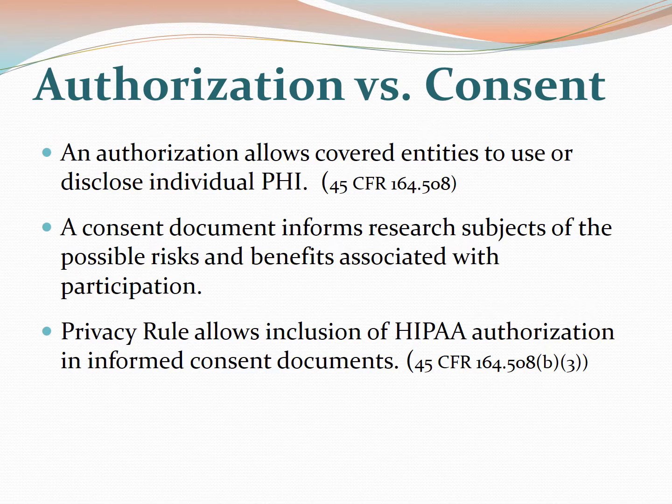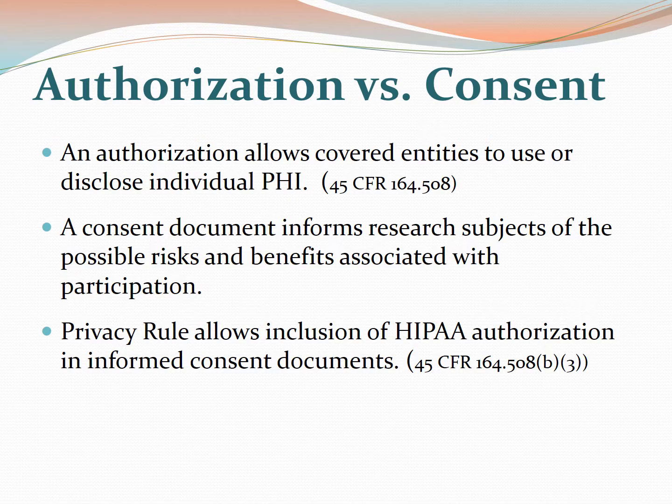Now, the privacy rule allows the inclusion of that HIPAA authorization that I just mentioned in the first bullet point to be included in the informed consent document. It is really virtually impossible to conduct clinical research without an authorization, because that PHI is necessary for conducting a trial, because we know that in order for a sponsor to say a new investigational drug is safe and efficacious, and to make that case to the FDA requires data, and some of that could be PHI.